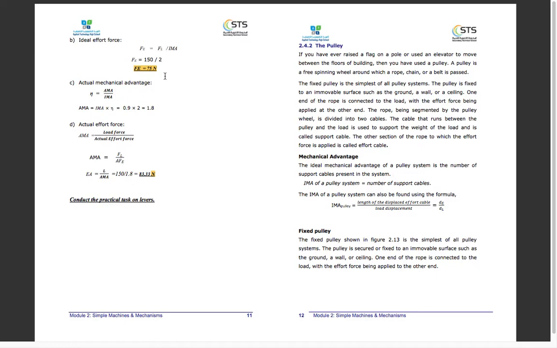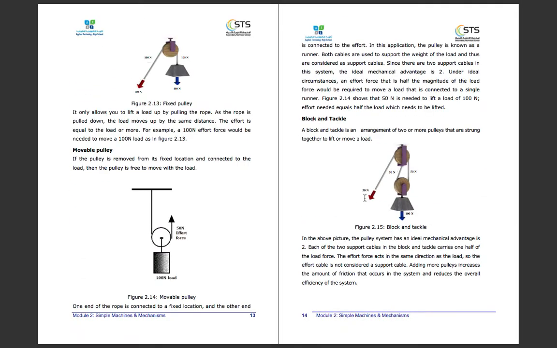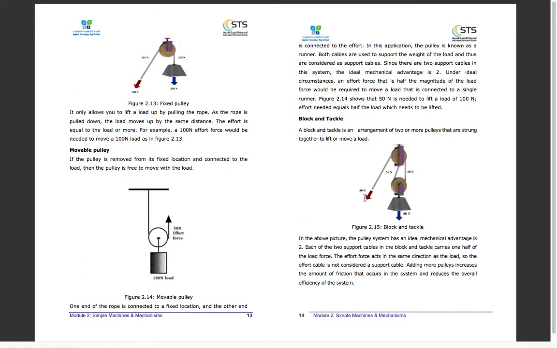Now, once you've memorized the triangles for levers, the same will be used for pulleys. Now, what did we study in pulleys? You can also find the mechanical advantages of pulleys. The only difference between a lever and a pulley is that the IMA of a pulley is found by counting how many support cables there are.